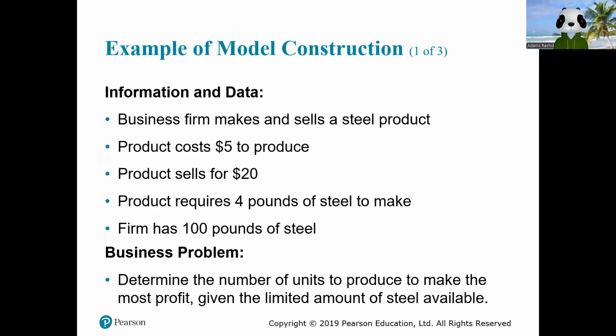But we know the cost. The cost is $5. Then his price is how much? We know the price is $20. We know that it will take 4 pounds to produce 1 unit.